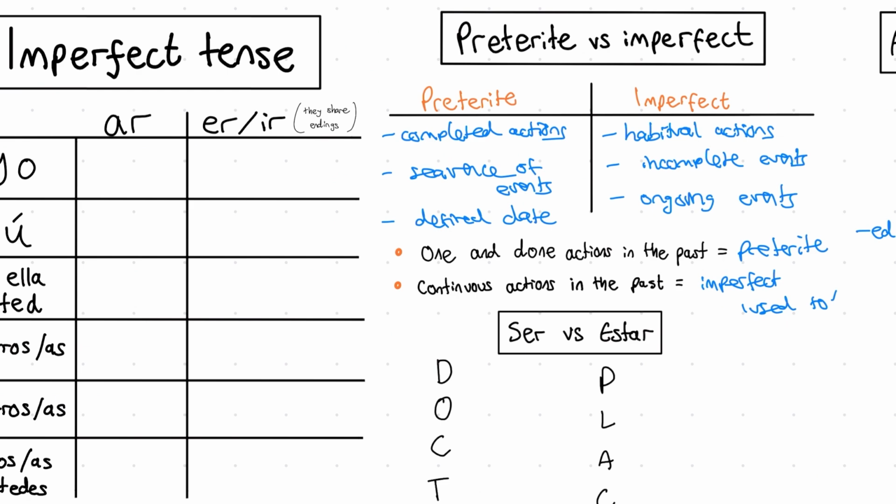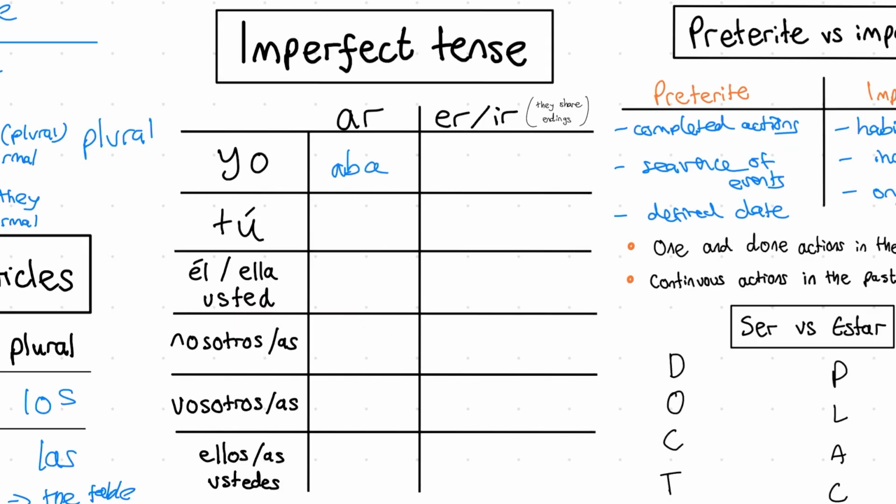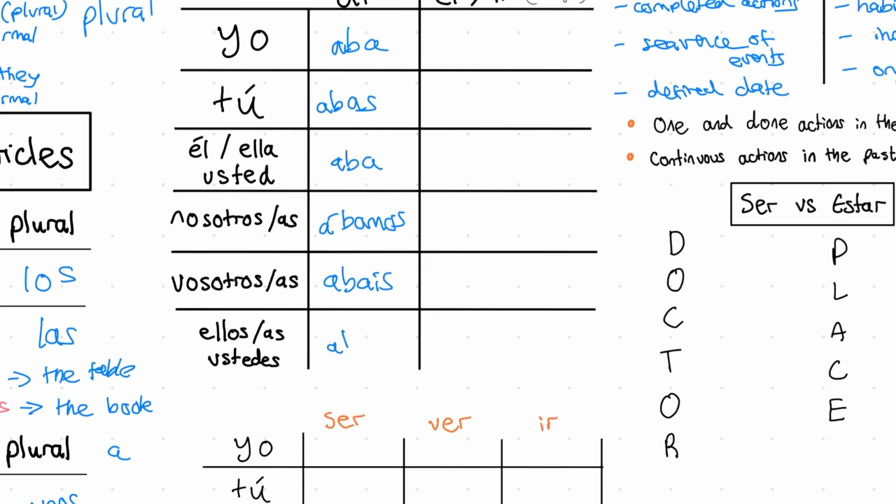So starting off with the imperfect tense. For AR verbs, yo is aba, tú is abas, él, ella, usted, aba. So it's the same for the I form and the he, she, it form. Then we is abamos. Vosotros, you guys, is abais. And lastly, ellos and ellas is aban.